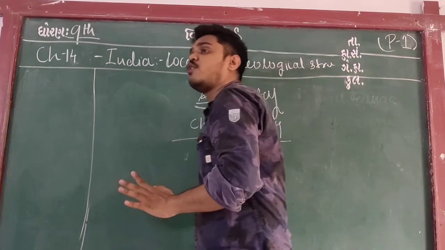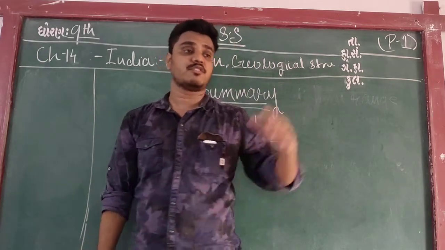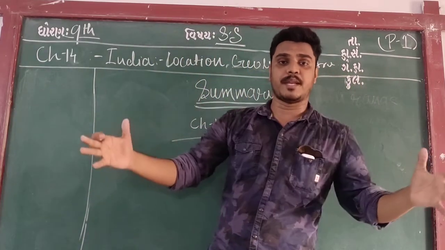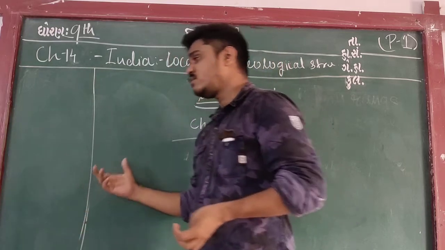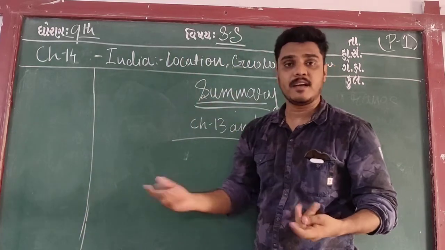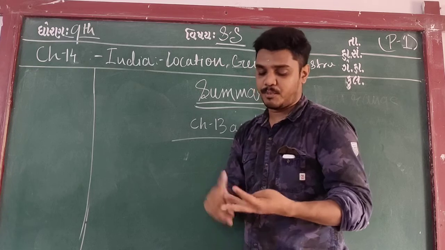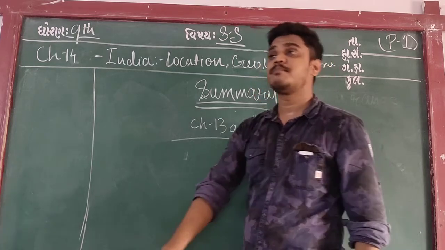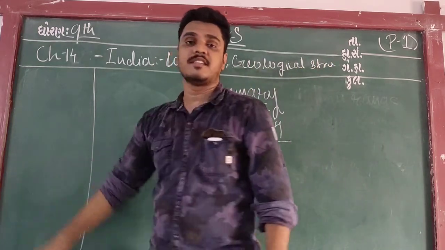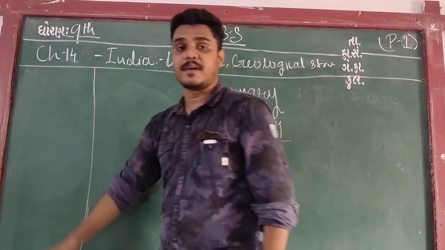Chapter 13 was about plates: tectonic, convergent, divergent, and more. It also states about India, location wise, area wise, population wise. These were the important points that we discussed in the 13th chapter.